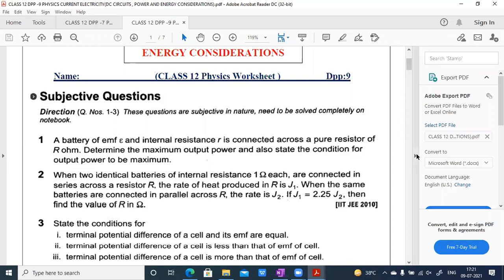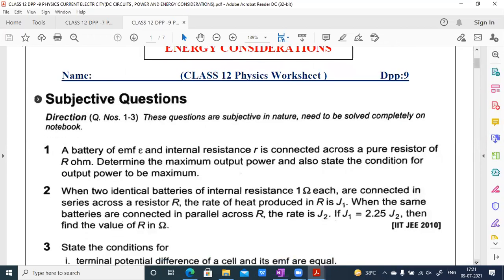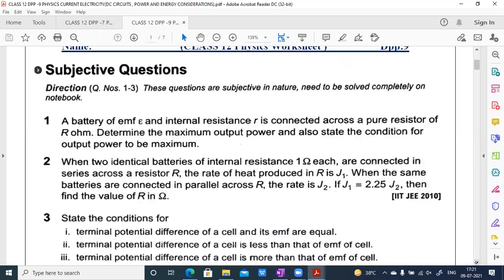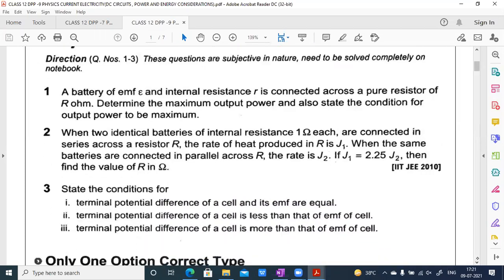I think we did this question last class. पहले केस में EMF हो जाएगा 2E, इंटरनल रेजिस्टेंस हो जाएगा 2r, which is 2 ohm. Heat produced J1. When the same battery is connected in parallel, the rate is J2. So I1 and I2. We'll find out the current when the cells are in series and when the cells are in parallel.